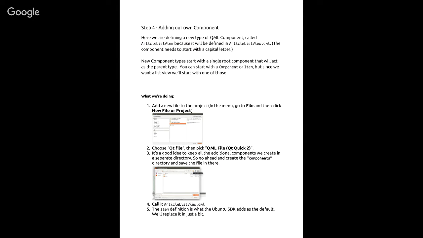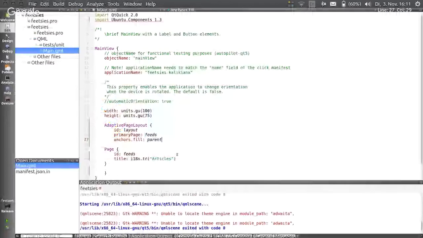So you basically add a new QML file, and that will have the name of your component in camel case with the extension QML. And then you essentially put stuff in there and make it work as if it's part of the Ubuntu components or Qt API in general. So let's try that.